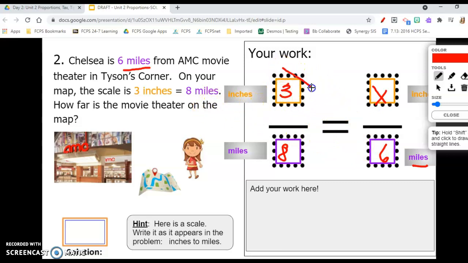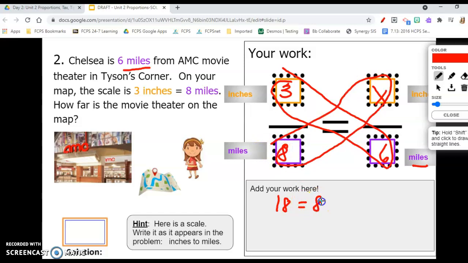So I'm just going to cross multiply this 3 times 6, which is 18. And we have that 8 times x. I just simplified, I cut a step.